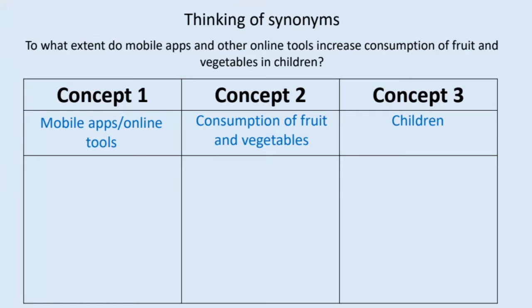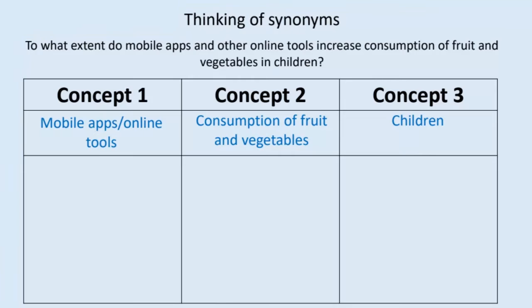So I could go to a database and put mobile apps and consumption of fruit, vegetables and children, and I will find some research, and that's fine. I'll find some of the research out there, but I won't find the research where an author might have used slightly different terminology or different synonyms to the terms that I've got there.